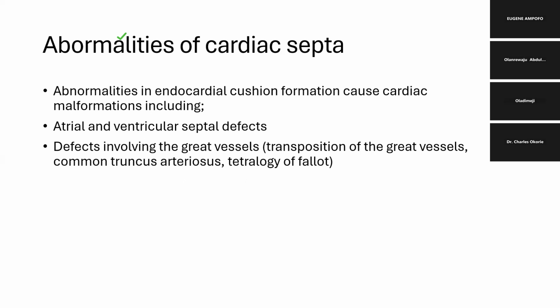So the examiners would have a specific marking scheme. When they ask you the possible clinical conditions associated with the embryology of atrial septal formation, there are many types. There could be primum, which is related to endocardial cushion defect. There could be secundum. When you mention sinus venosus, there is the SVC type, related to the superior vena cava, and there's sinus venosus ASD related to the inferior vena cava. There's also what is called coronary sinus atrial septal defect.